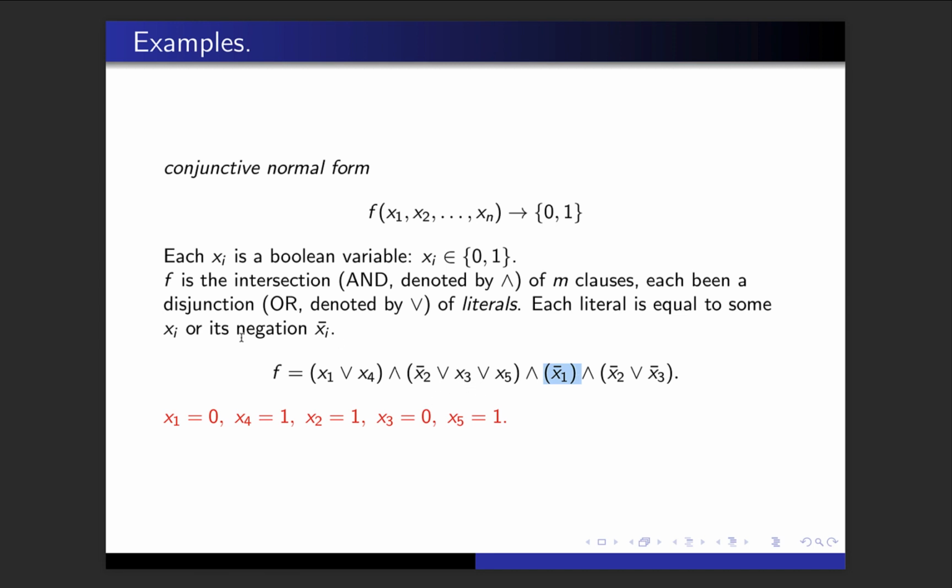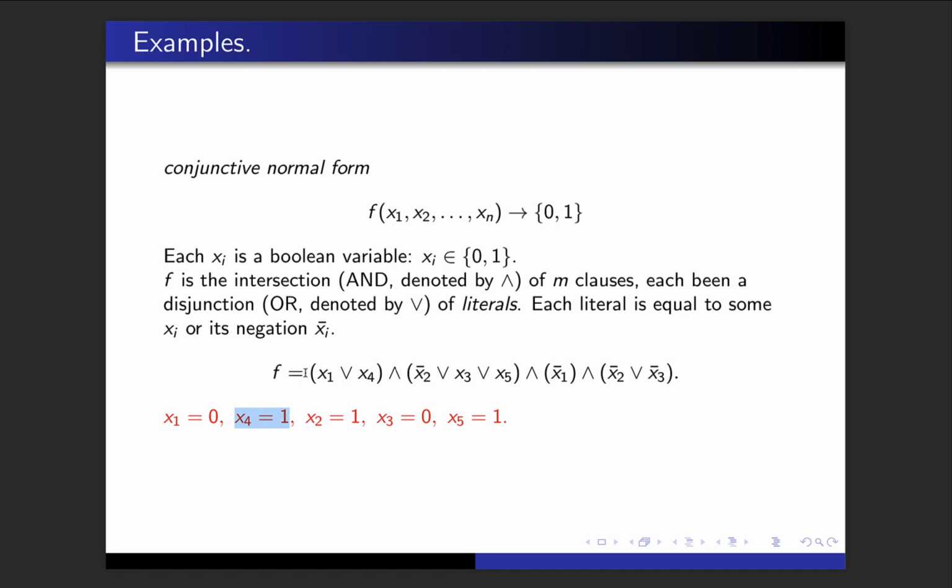Let's briefly verify that this indeed evaluates to true. x5 equal to 1 makes this clause equal to 1, because no matter what x2 and x3 are, I know that x5 is true already. So that makes this OR statement equal to true. Now x1 is 0, so I know this is not true, but x4 is equal to 1.